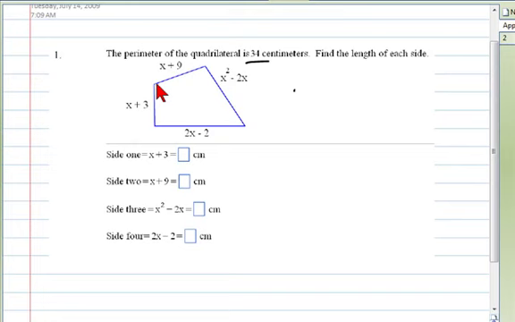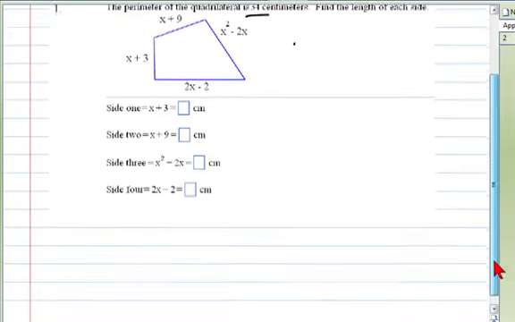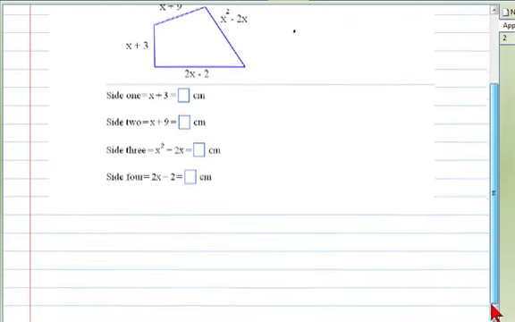If the perimeter is 34 centimeters, then that means the sum of the lengths of the sides will be 34. So I'm going to scroll down here. It doesn't matter what order you list these, but I'm going to list the sides.